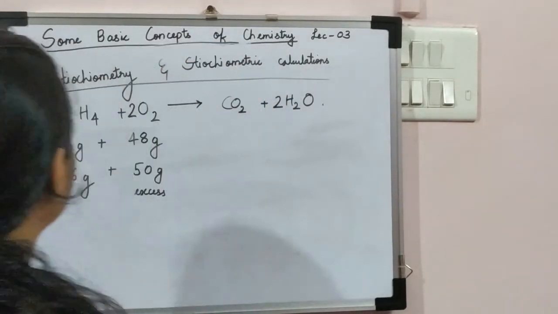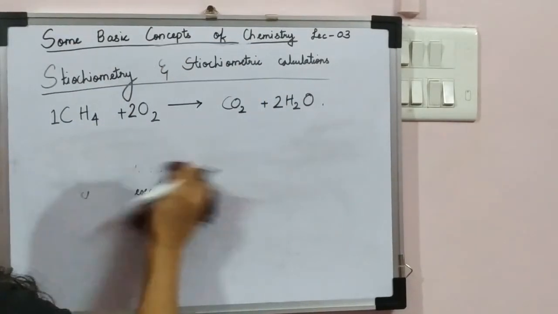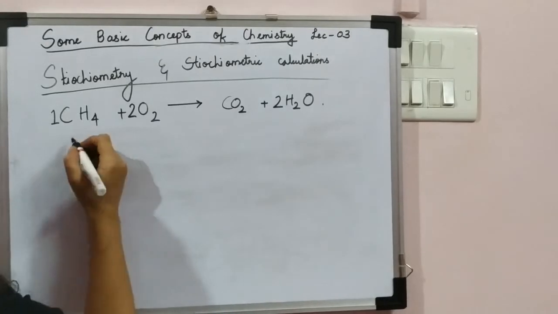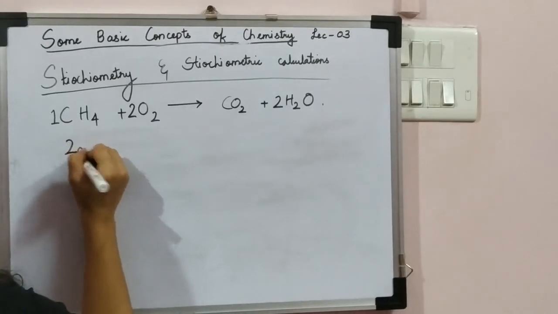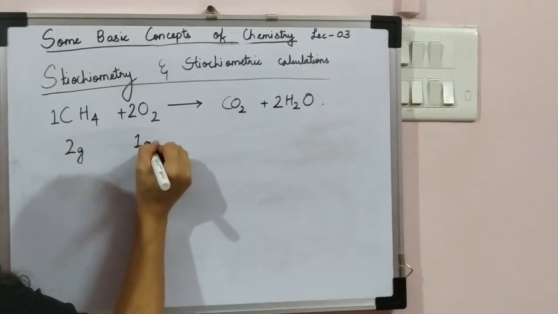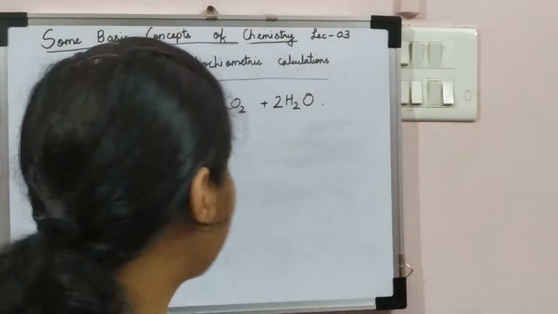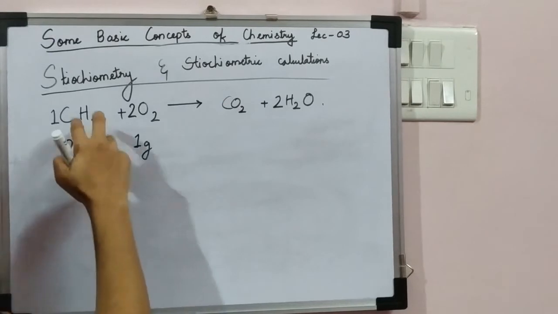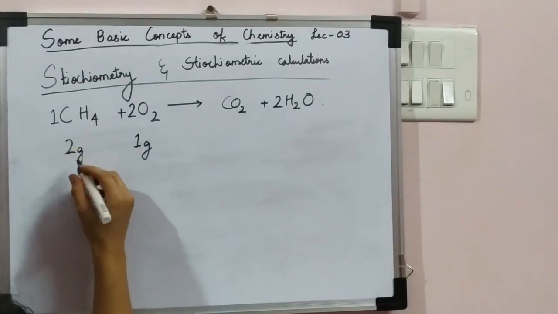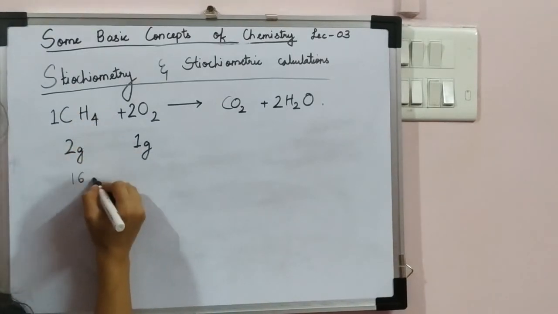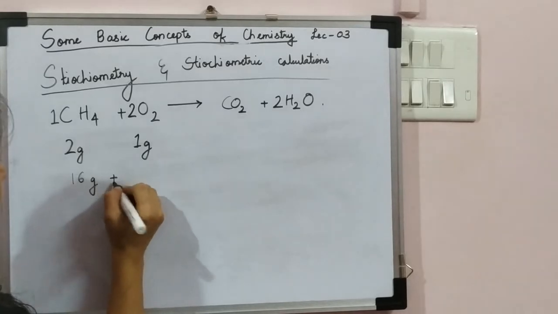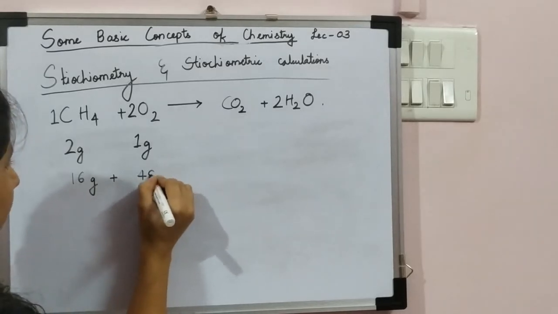Let's say I am given not such high values, let's say 2 grams of methane reacts with 1 gram of oxygen. So which is the limiting and which is the excess reagent can be asked. Now in this case, I have 2 grams of methane, and I know that 16 grams of methane was reacting with 48 grams of oxygen.